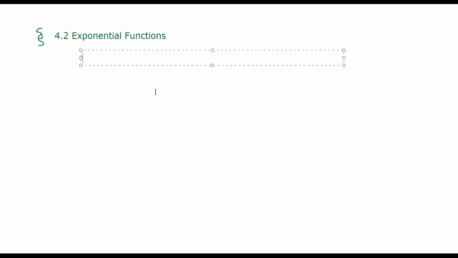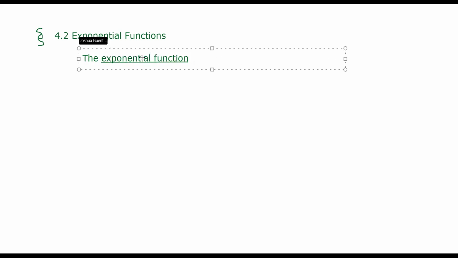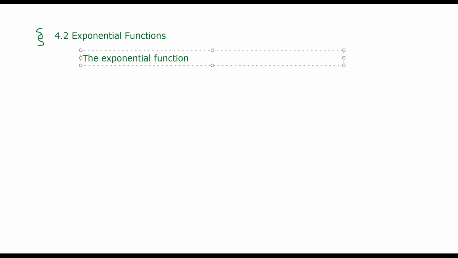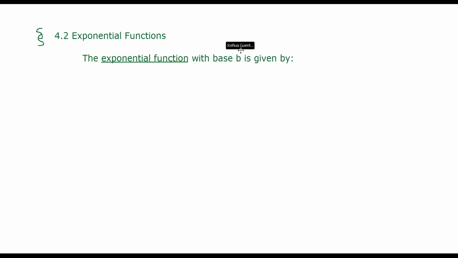So let's do it. The exponential function, we're going to say that's a new definition. The exponential function with base b is given by, so it's going to have something called a base, which you probably can guess what that is.